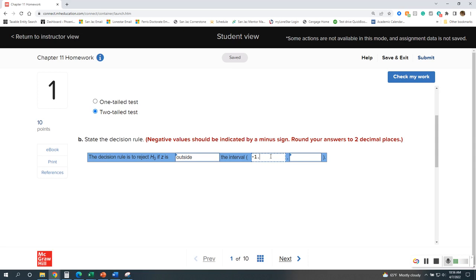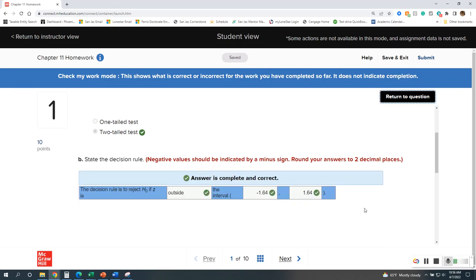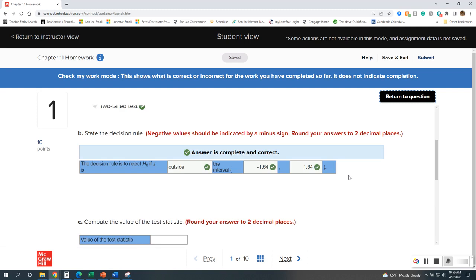So negative 1.64 and positive 1.64. Check to make sure you did find a significance level, which we did. Remember, always do negative before positive. It's just the way that the timeline works. Get into the habit of putting the negative beforehand.